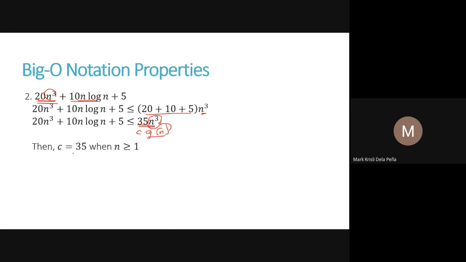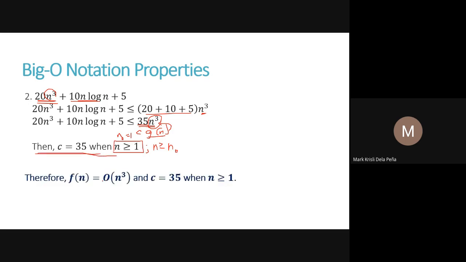So our c is 35. Now, n sub 0 is equal to 1. We have n should be greater than or equal to n sub 0, which means n should be greater than or equal to 1. So this is how we write our final answer. F of n is a big O of n cubed, where c is equal to 35 when n is equal to 1.